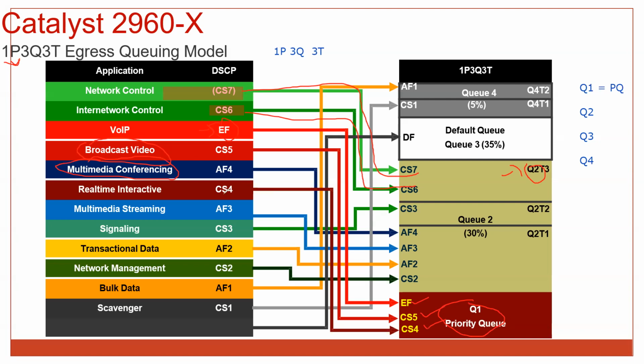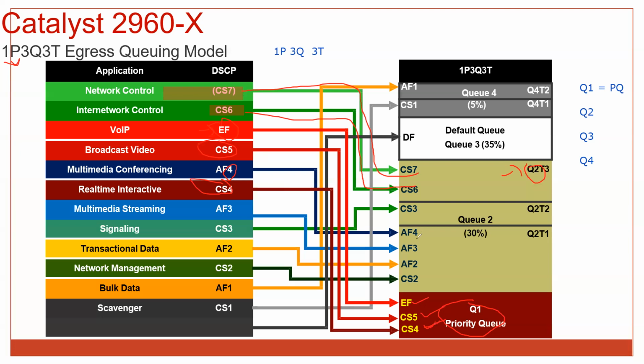Class selector 4, CS4, is also going there. If you go through this diagram slowly, you will understand. So CS4 and CS5 are going here, but AF4 will go differently, assured forwarding level 4. In AF, you will find AF1, AF2, AF3, AF4 like that. A higher number means high priority, right?